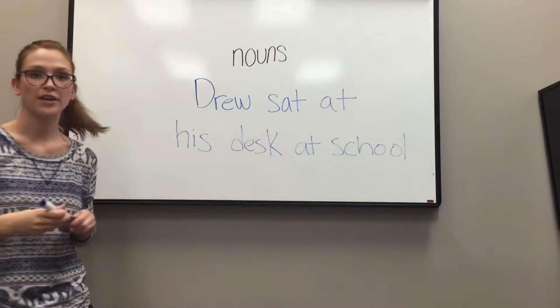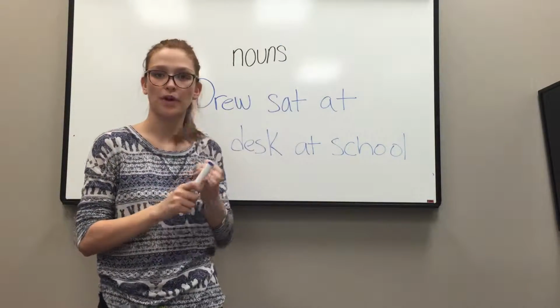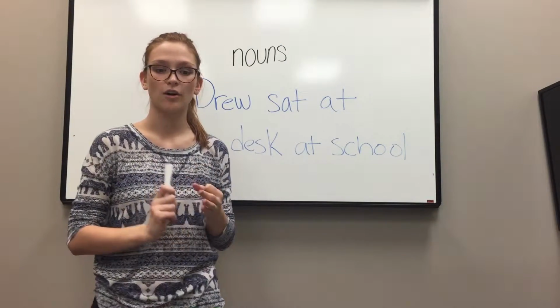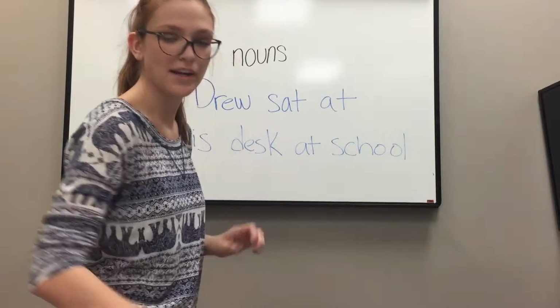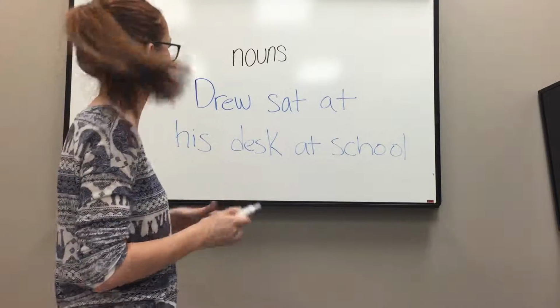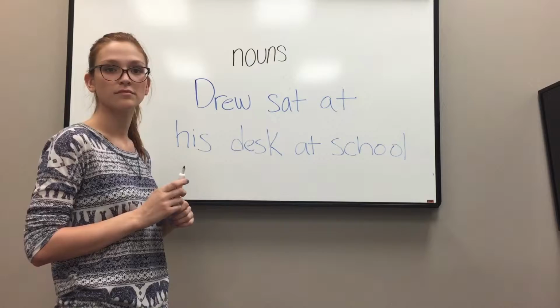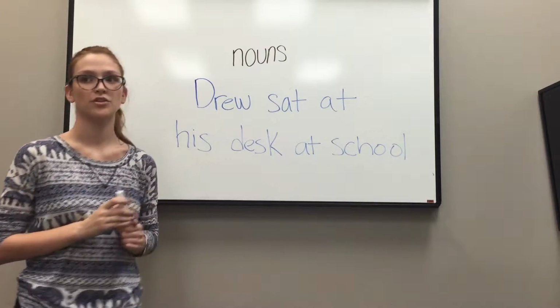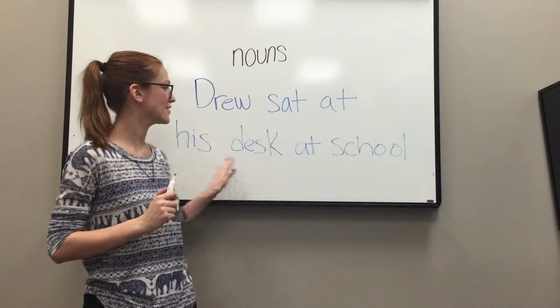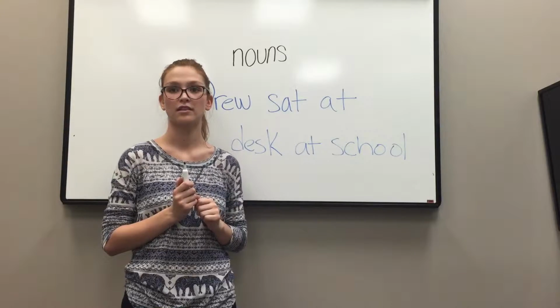Okay, so we already know that nouns are a person, a place, or a thing. Does anybody see a person, a place, or a thing in the sentence? Drew sat at his desk at school. Right?